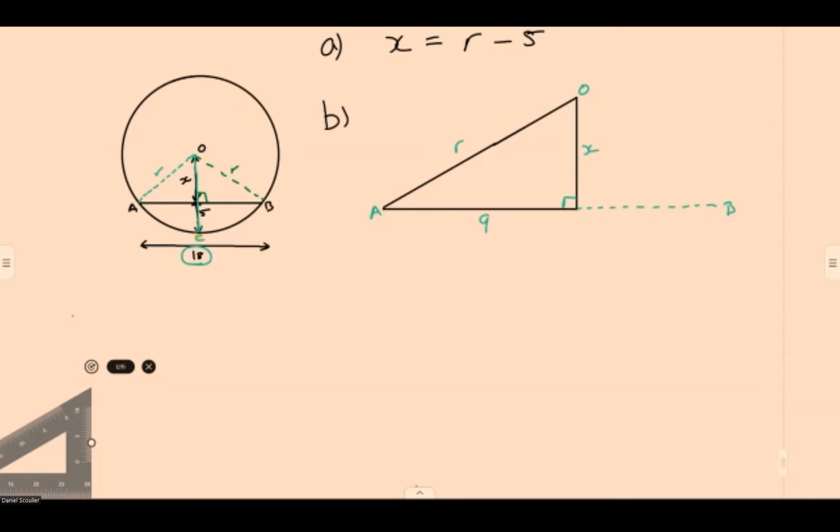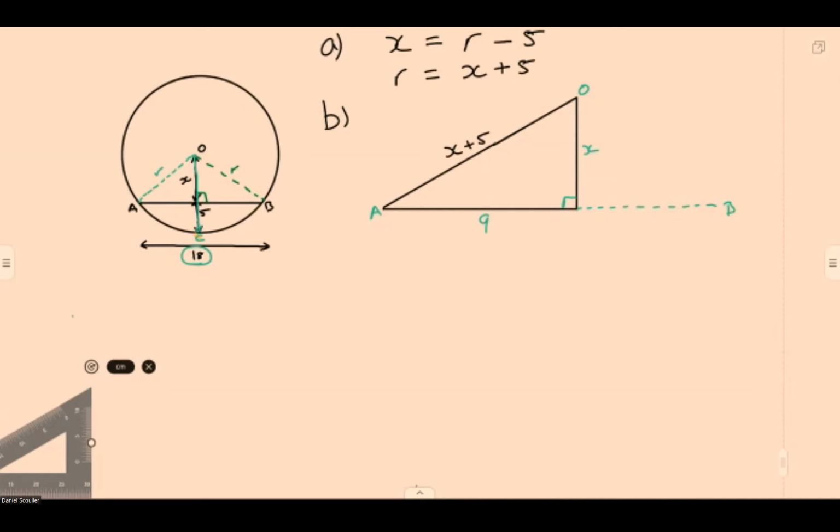They've given us this information up here. They've made us do this for a reason, so we're going to have to use this. So instead of R in there, if I rearranged that, I could write that as R equals X plus 5.